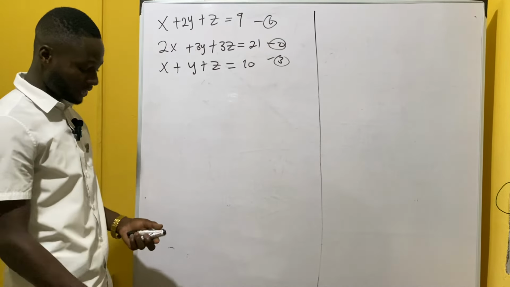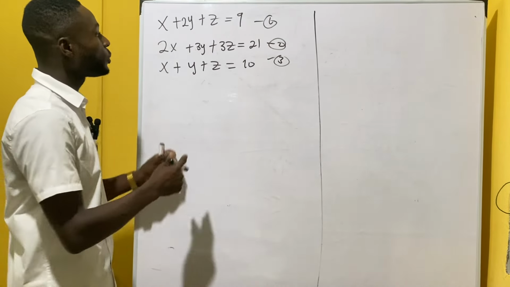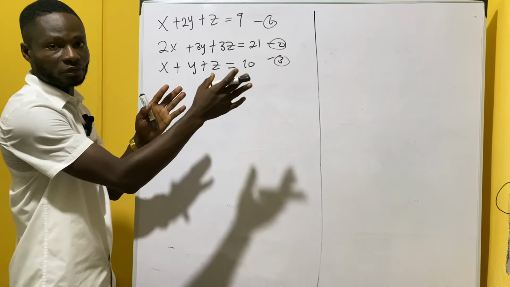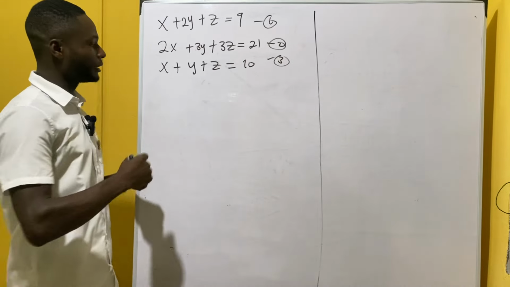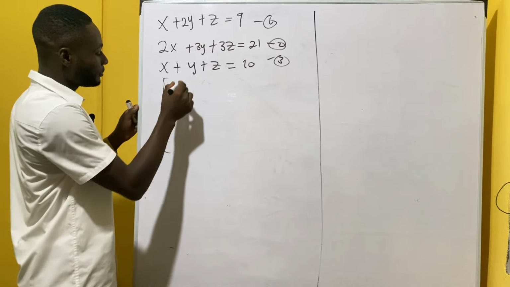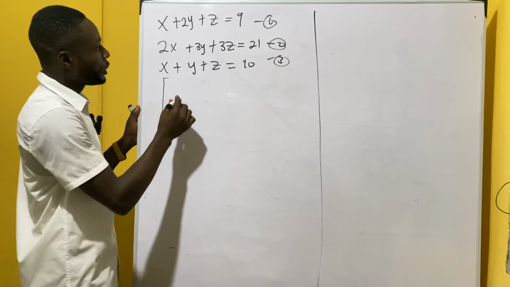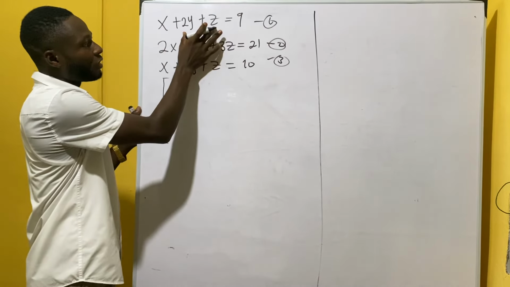So first, what we have to do is transform these three systems of equations into an augmented matrix, right? By augmented matrix, all we mean is that we write the coefficients of the variables.